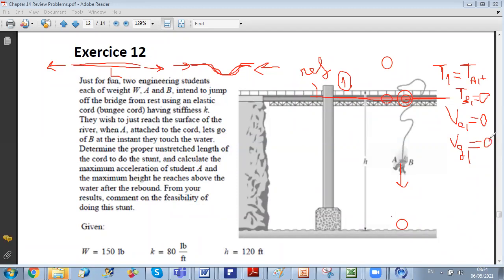So also we can say that at this level V gravitational 1 is 0. Now what will happen when the two persons A and B reach the water level? At the water level, I will have a certain elastic energy, and the potential energy will be negative because I am below the reference line.